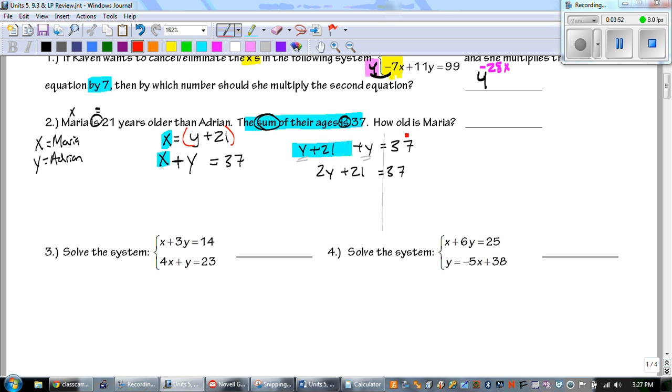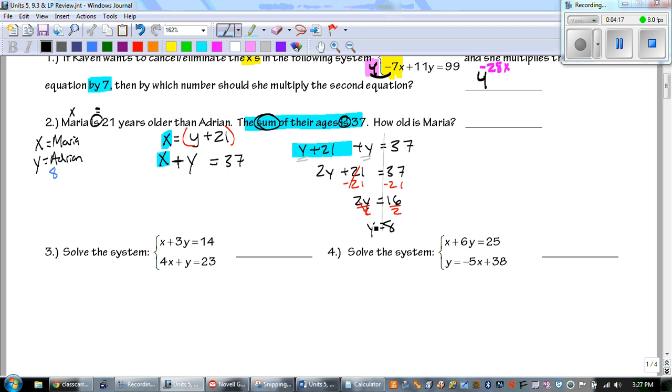And now we solve for y. So I subtract each side by 21. And we get 2y equals 16. And to get the y by itself, I need to divide by 2. And it tells me that y is 8. And remember that y was Adrian, and they want Maria.